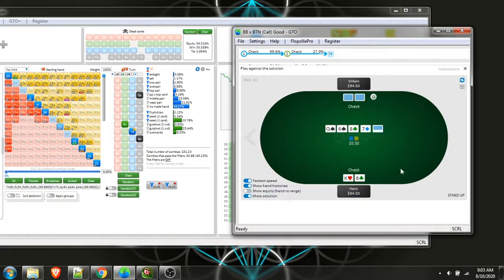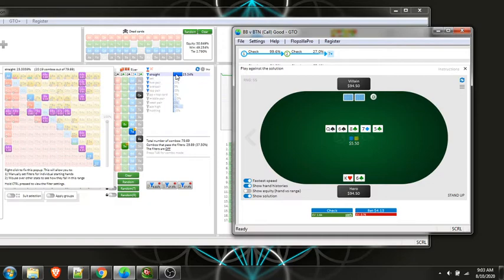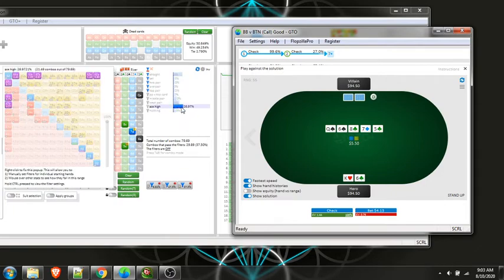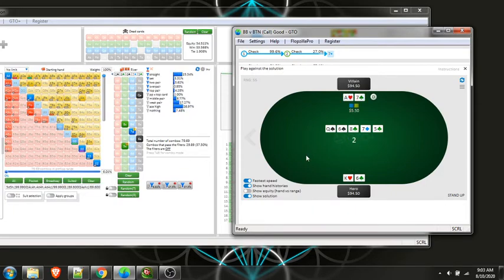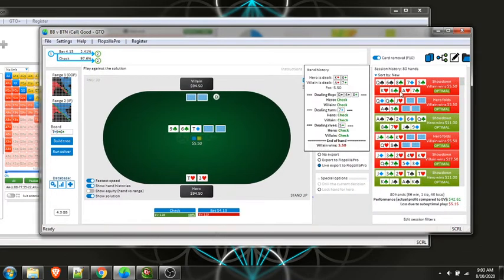Check call. And a lot of straights out there, so he's going to have a straight 25% of the time with that hand range, and just an ace high 25% of the time, so we'll check. Ace, he had a straight, I think. He had a 7.